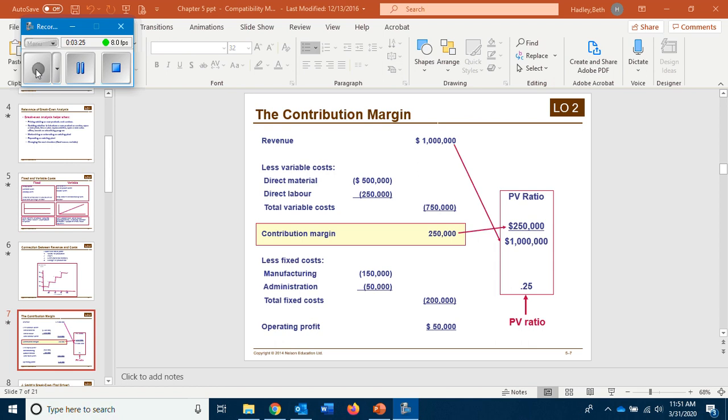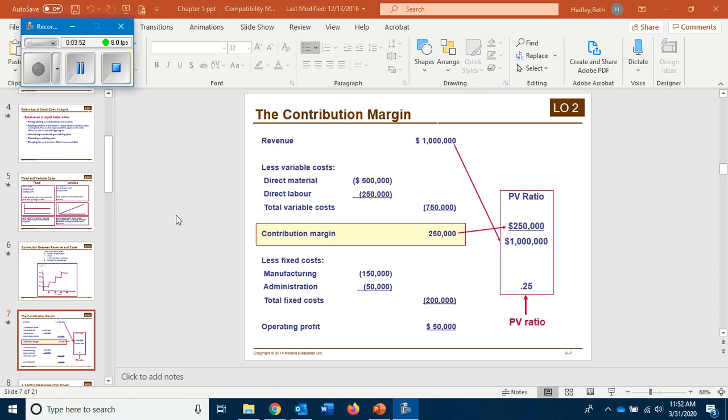And the PV ratio sitting over to the side is our contribution margin, which is 250,000 divided by our revenue, because everything's divided by revenue, of 1 million. So 250,000 divided by 1 million gives you 0.25 or 25%.